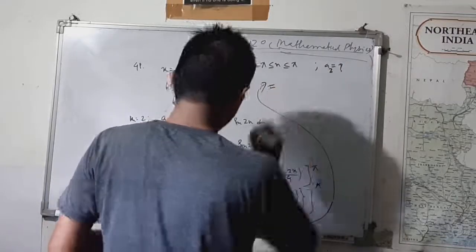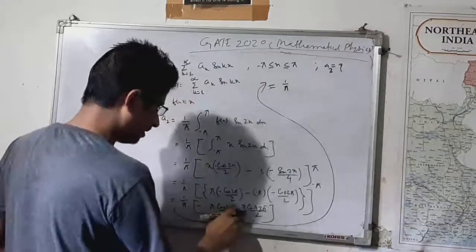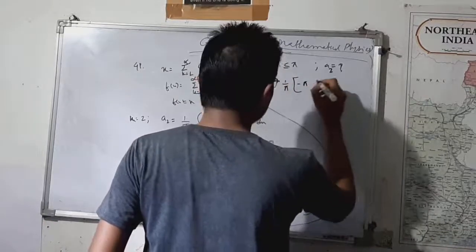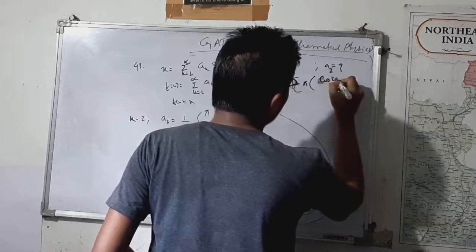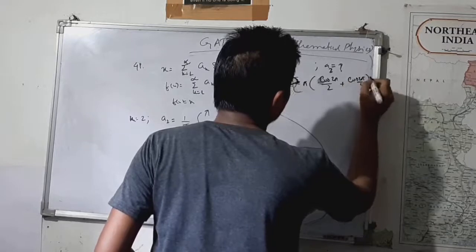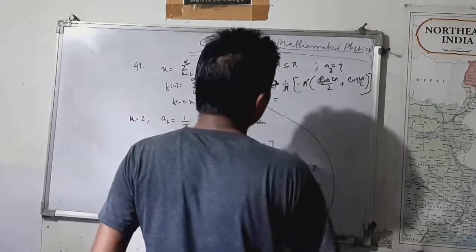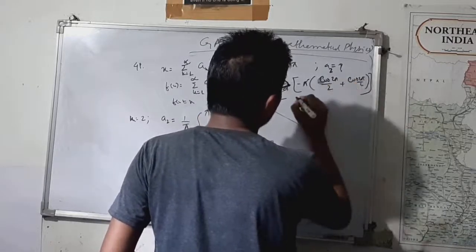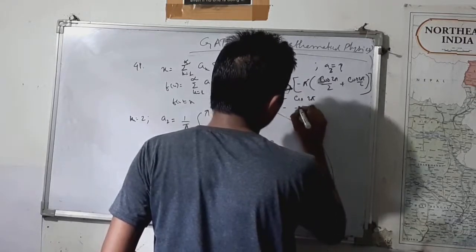this term, okay, so this is 1 by pi, okay, so here minus pi, here also minus is present, so we can take minus pi common. So here cos of twice pi by 2 plus cos of twice pi by 2, okay, so this pi will cancel out, so this is minus of cos of twice pi by 2, that is cos of twice pi, so minus cos of twice pi means minus of 1.